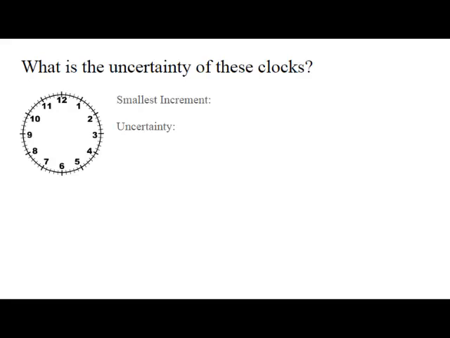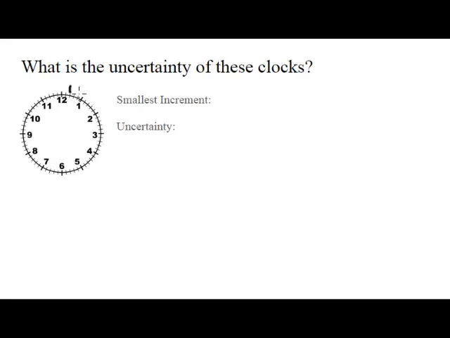So, if we apply the same idea again, what is the uncertainty of this clock? Well, I hope that you're trying to spend some time to figure out what the smallest increment of the clock is. To be honest, do we care what the hands are doing? No, we're just simply looking at the increments.